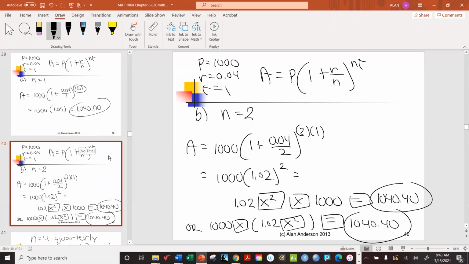All right, let's make sure we've all got the right answer. And of course, that's what we had when we did it the long way earlier: 1,040.40, that extra 40 cents is our compound interest. Now let's try it with quarterly.